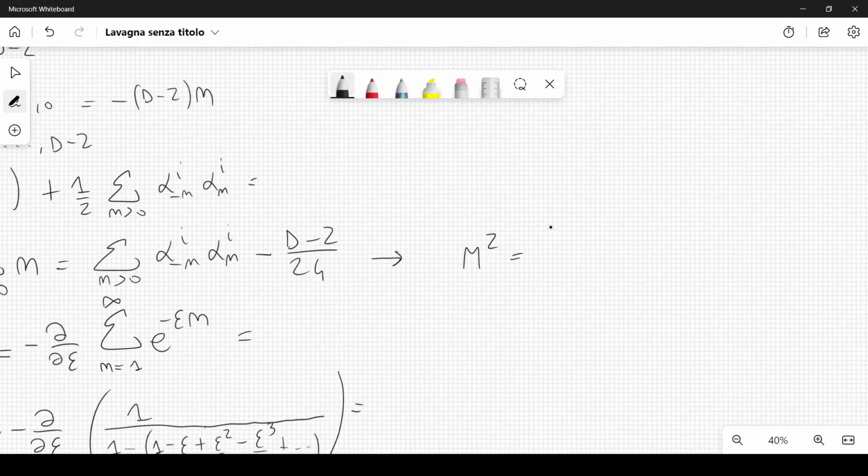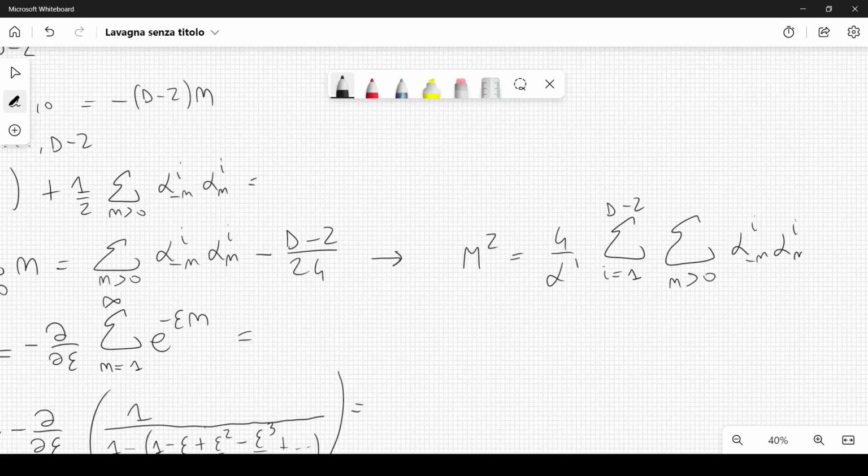So last time we wrote it as 4 over alpha prime. Then let's put again the summation over I to make it explicit. Here we put d minus 2, summation n greater than 0, alpha I minus n alpha I n. The same thing will hold for the tildes.